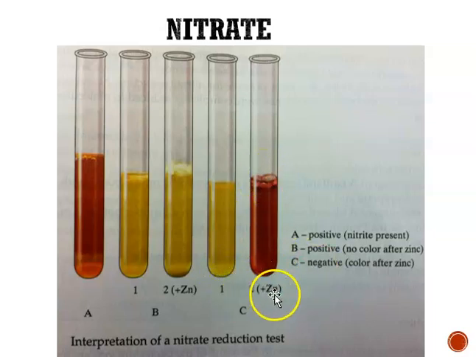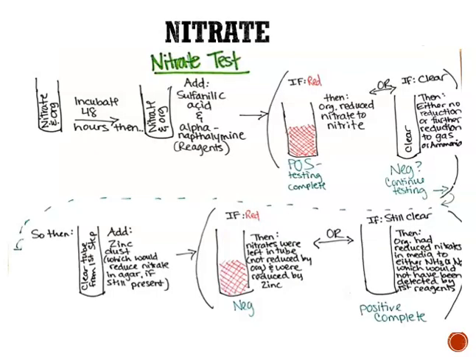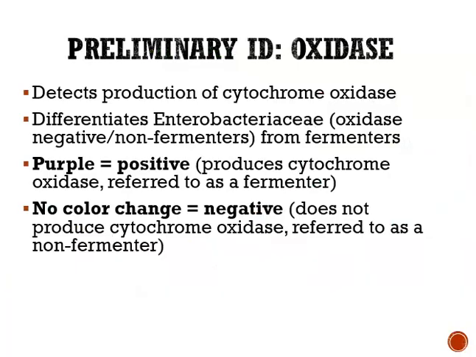So we add our zinc dust, then we get a red color, which means that the nitrate was still present in the sample, so the bacteria had not reduced it, the zinc dust did. Okay, and then here's just a different kind of drawing that goes through each one of those steps. So you can look through that.